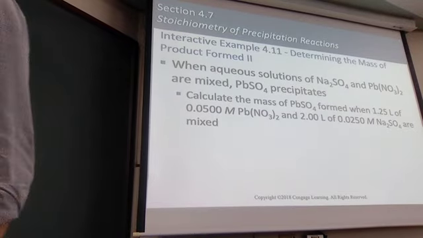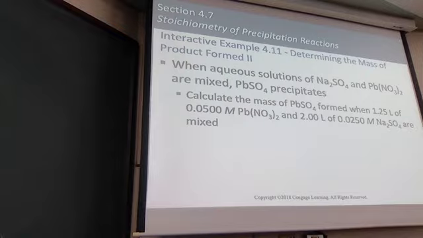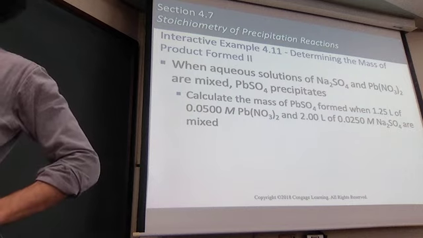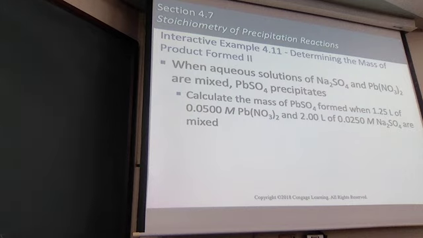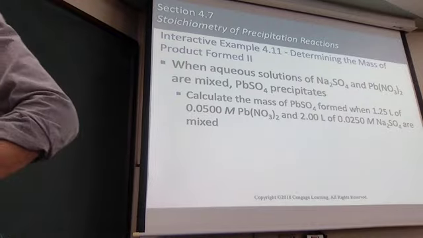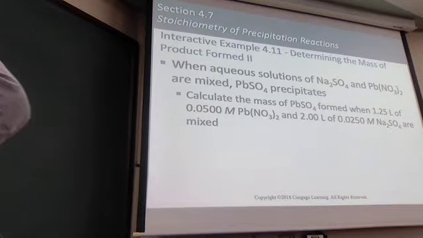Okay, so one example, you have sodium sulfate and lead nitrate, they are mixed, and you precipitate lead sulfate. Calculate the mass that is formed. If you have 1.25 liter of that 0.05 molar lead nitrate solution and 2 liters of that 0.05 molar sodium sulfate solution.